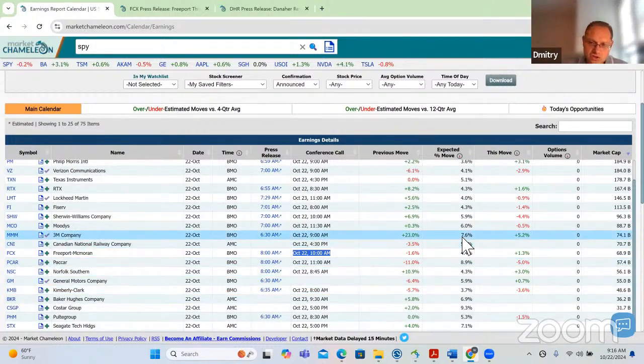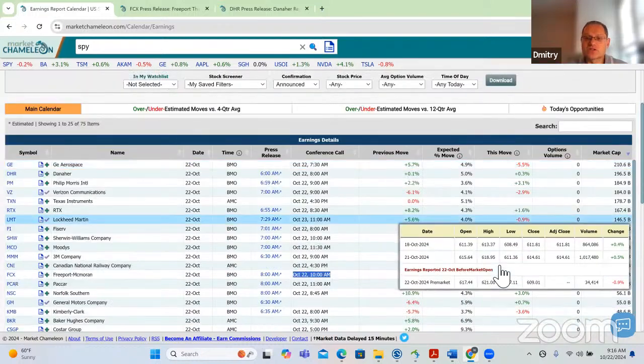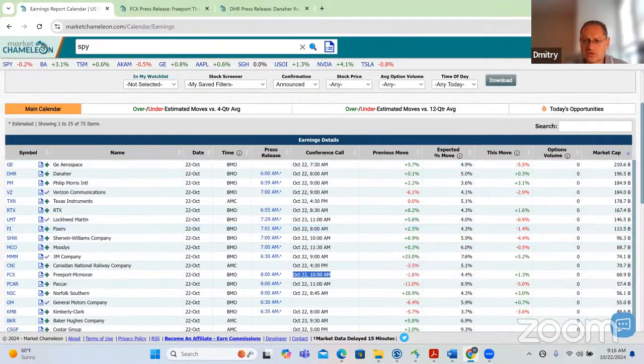Then next to it, we have this expected percentage move in either direction, right? So what is that? We don't know what the stock will actually do because it needs to happen. We don't know.